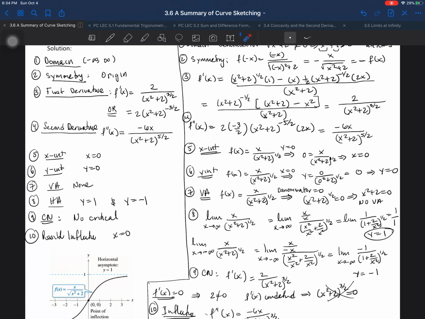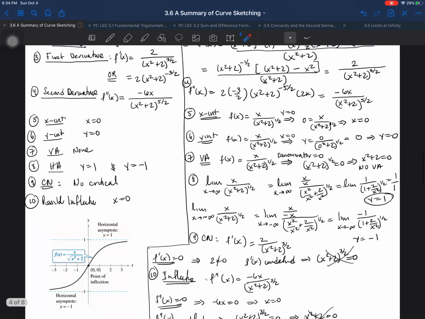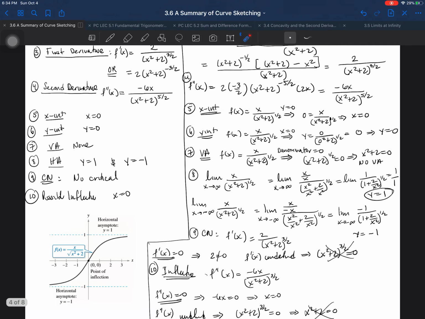This 2 multiplied with this will give us negative 6x, and then this has negative power, so we're going to put that on the denominator. And so that's how we got this negative 6x over the quantity x squared plus 2 to the 5/2. Alright, so that's the second derivative. We're going to find the x-intercept by setting y equal to 0 and finding the value of x.